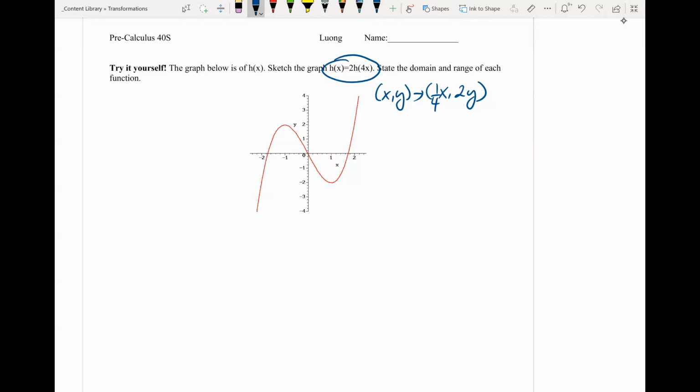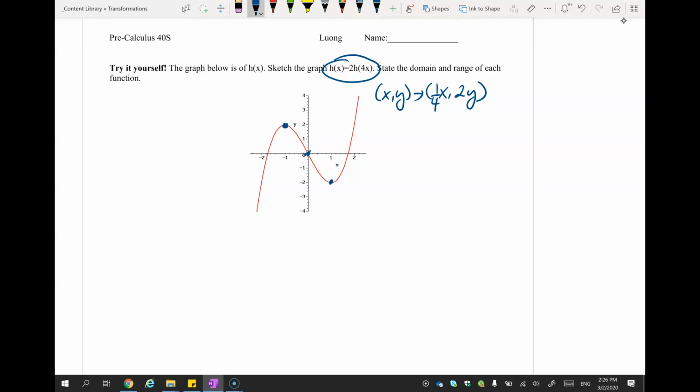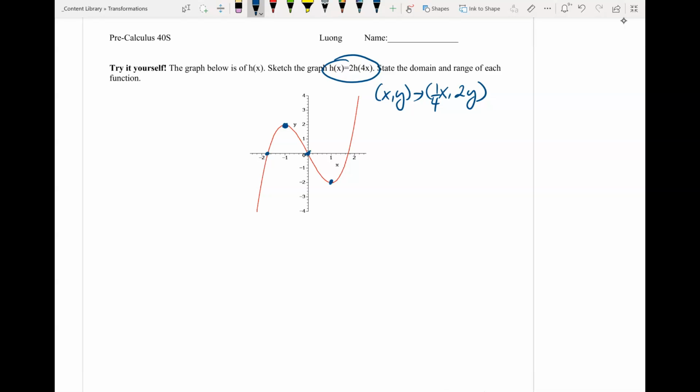Now we need to pick a few points from our original graph so we can perform this transformation. I'm going to pick this one here, (0, 0), (1, -2), and then we could pick maybe our x-intercepts.